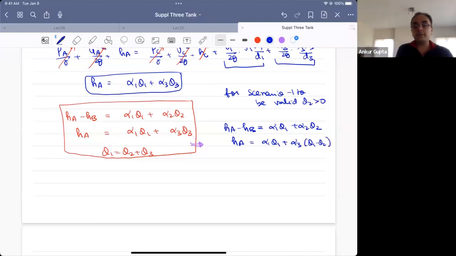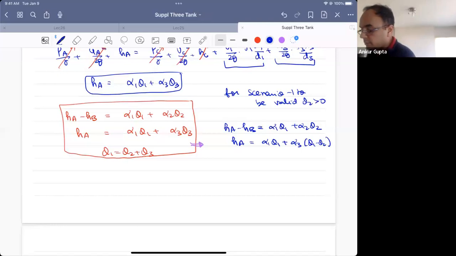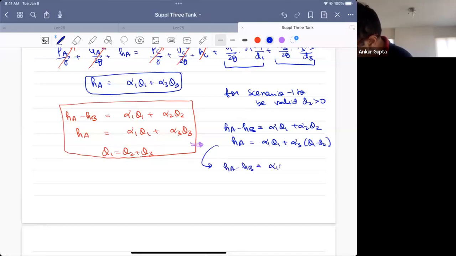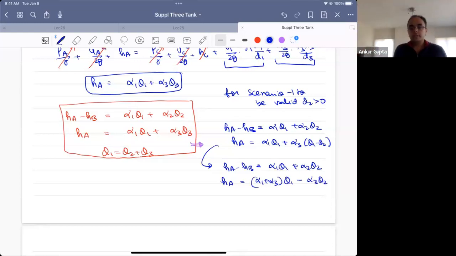This is done so that we can then eliminate Q1 from the top equation as well. So HA minus HB is equal to alpha 1 Q1 plus alpha 2 Q2, and HA is equal to alpha 1 plus alpha 3 into Q1 minus alpha 3 Q2. Okay, so this is what you get.